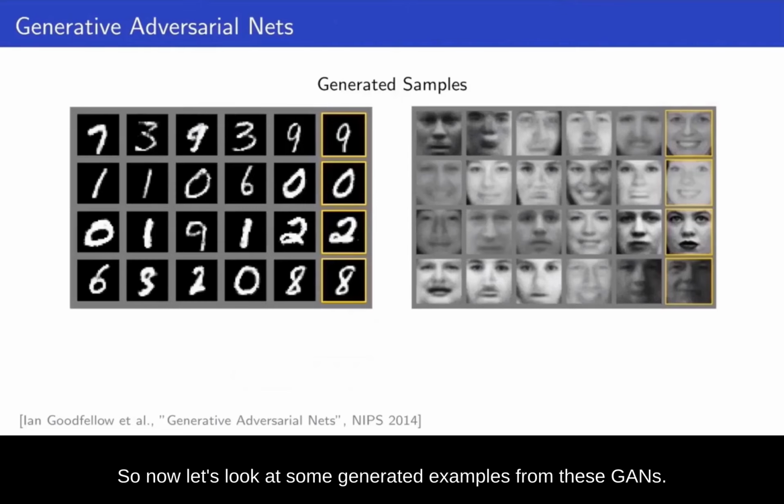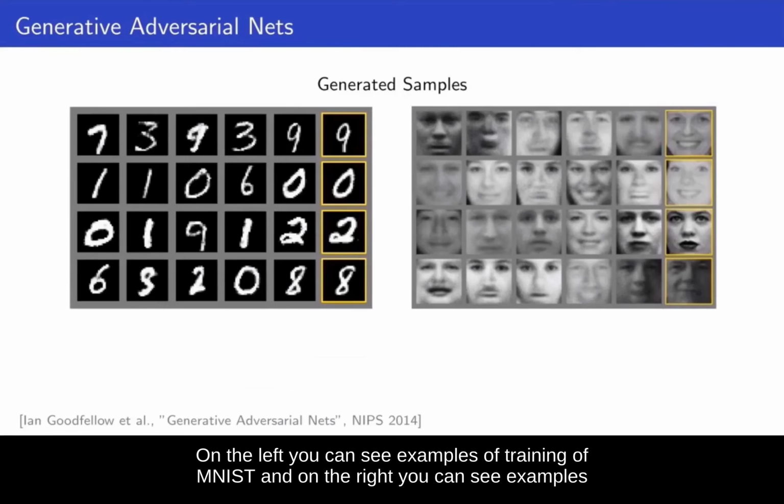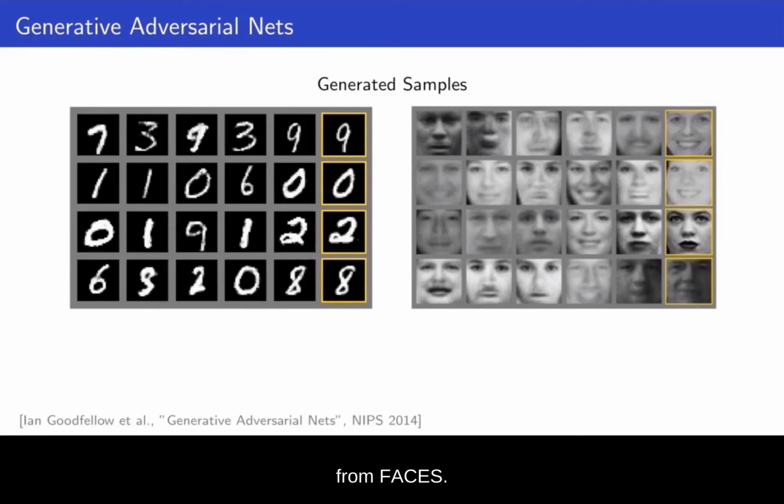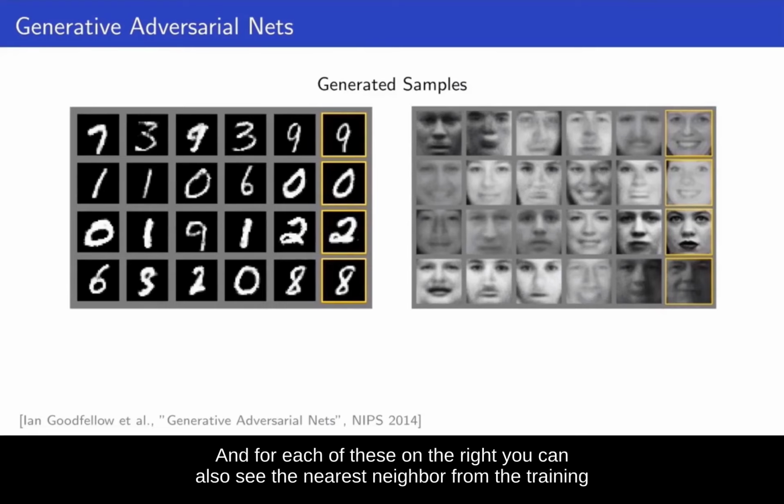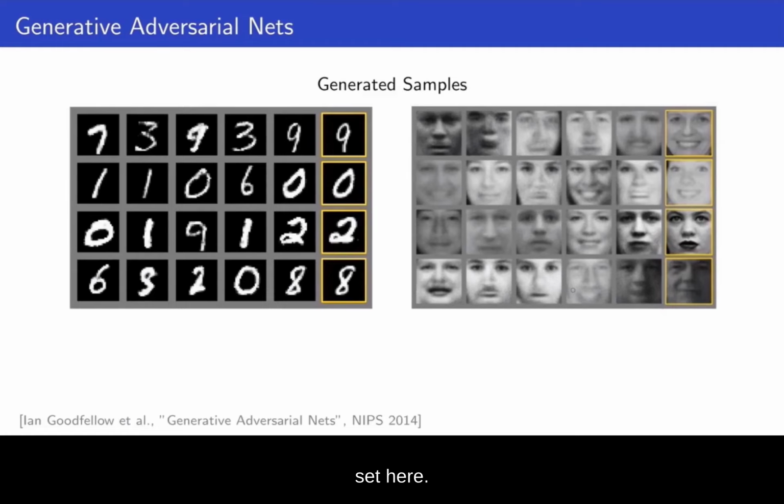Alright, so now let's look at some generated examples from these GANs. On the left, you can see examples of training on MNIST, and on the right, you can see examples from faces. For each of these on the right, you can also see the nearest neighbor from the training set.